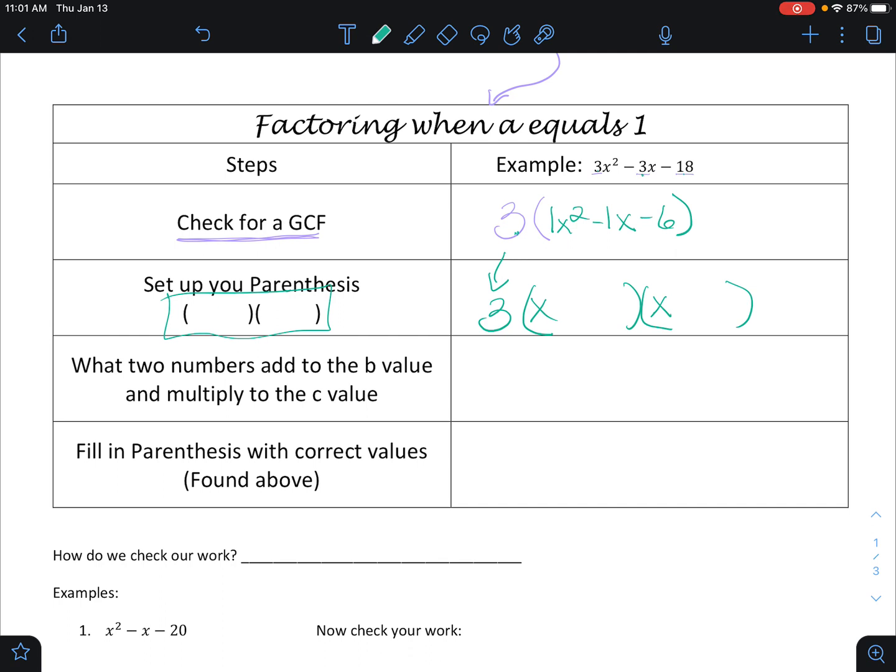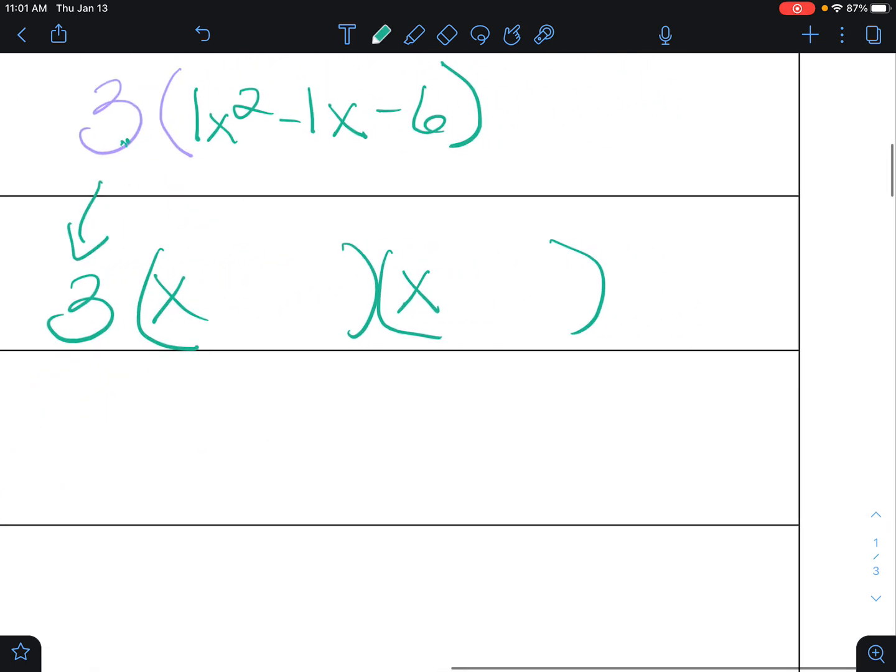Now we get to think about those magic numbers that we talked about yesterday. What two numbers add to the b value but multiply to the c value? So I want to know what two numbers are going to add to the b value, the number in the middle. What two numbers add to negative 1, but when I multiply them, I get a negative 6?